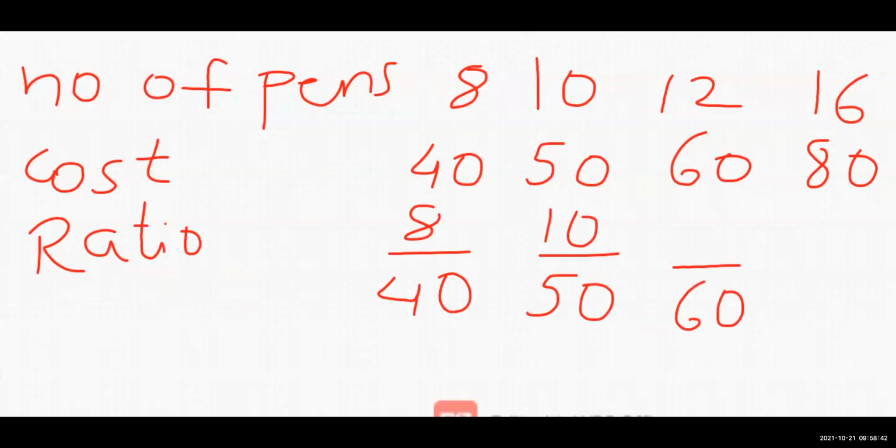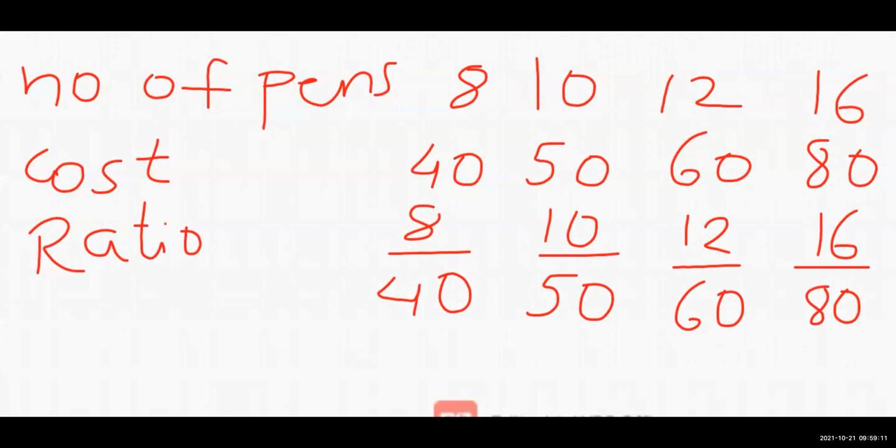Out of 60, 12, and out of 80, there are 16. This is the way we write the ratio. For 40 rupees we bought 8 pens, for 50 rupees we bought 10 pens, for 60 rupees we bought 12 pens and for 80 rupees we bought 16 pens. This is the ratio of cost to pens.